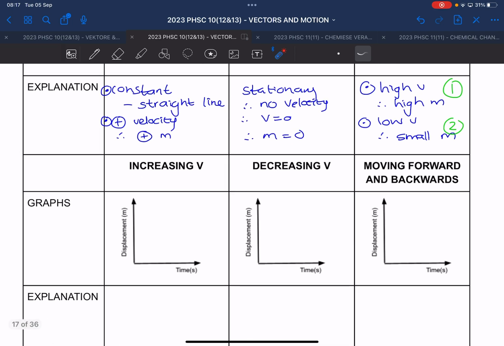Then increasing velocity and decreasing velocity or speed. Increasing velocity means that you have positive acceleration. Decreasing velocity means you have negative acceleration.